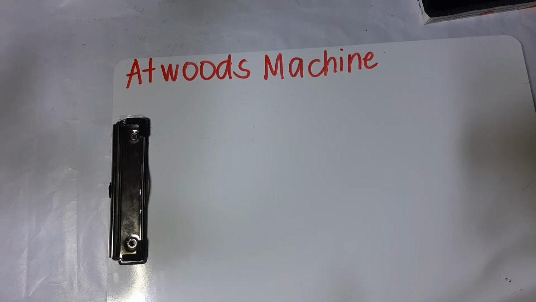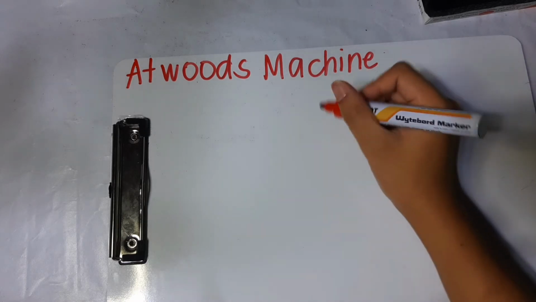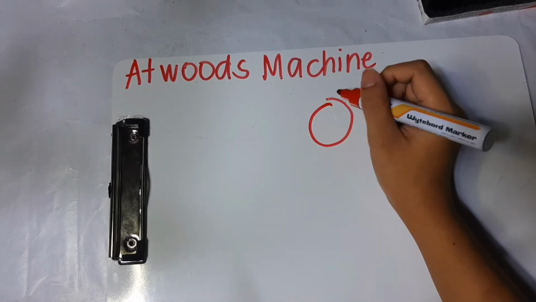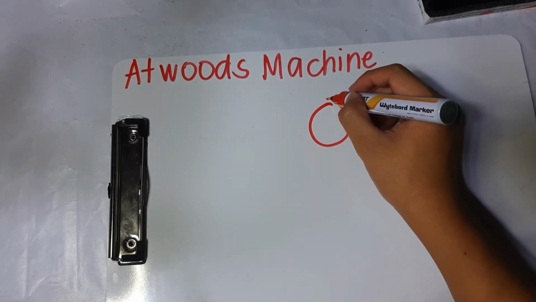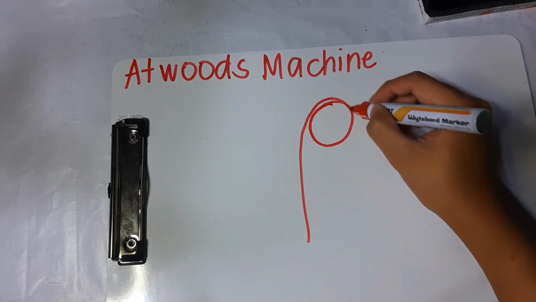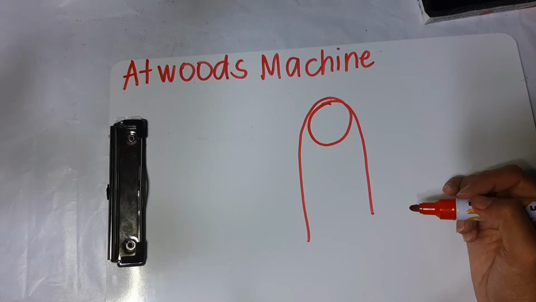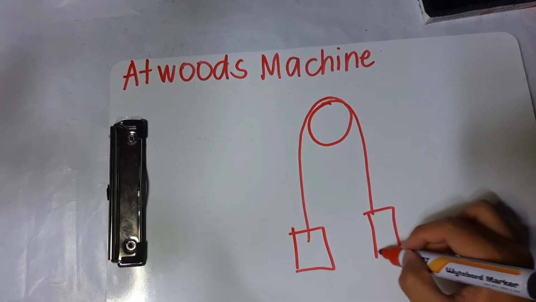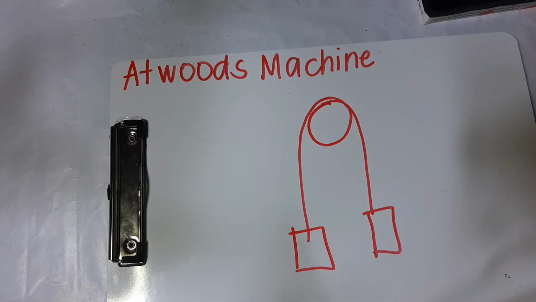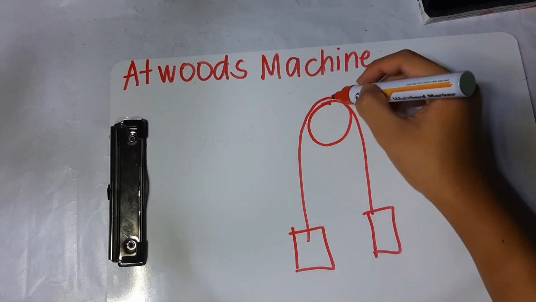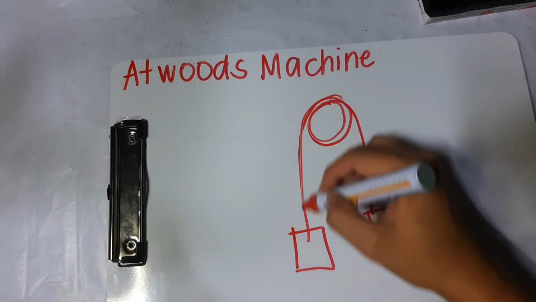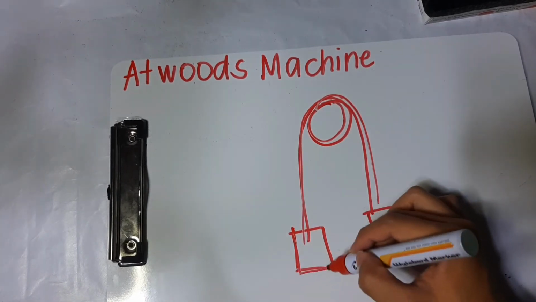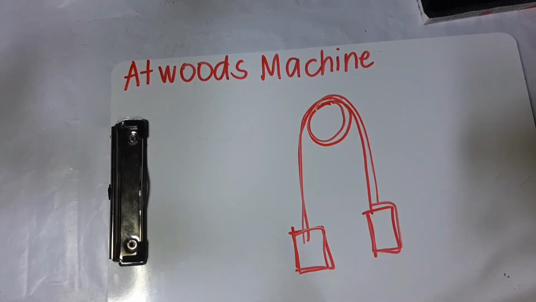The machine typically involves a pulley, a string, and a system of masses.